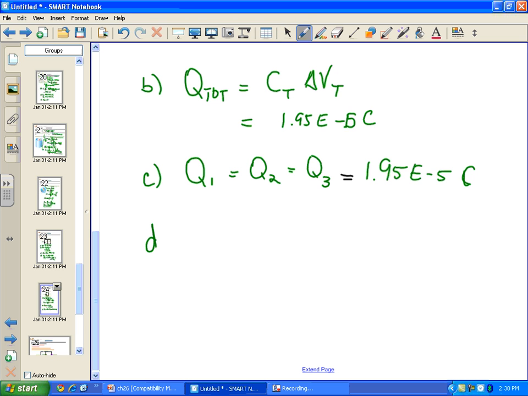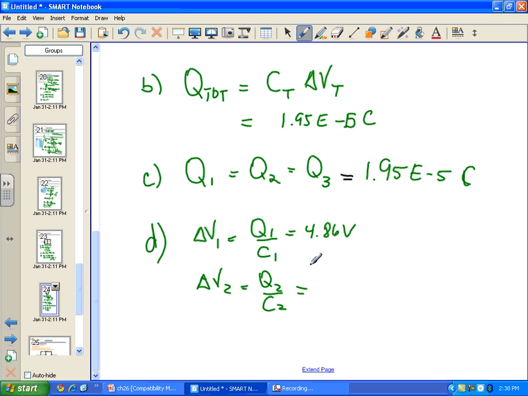Lastly, to get the delta V's, the potential differences, I'm going to make use of the information that I have. Delta V1 equals Q1 over C1. When I take that ratio, I get 4.86 volts. Delta V2, Q2 over C2, I get 3.89 volts.